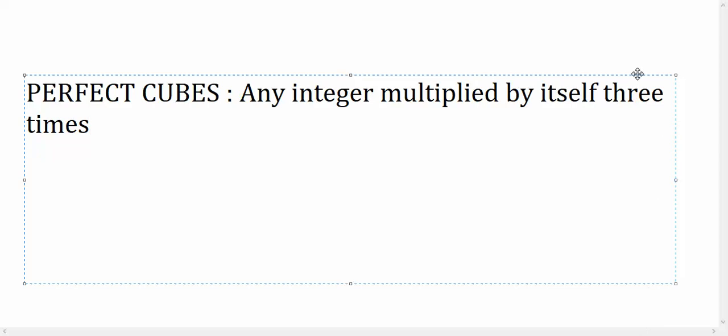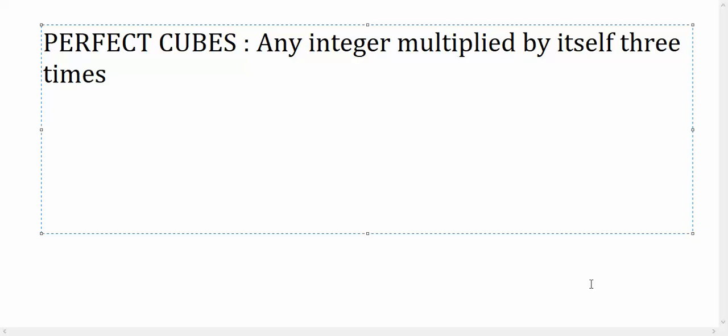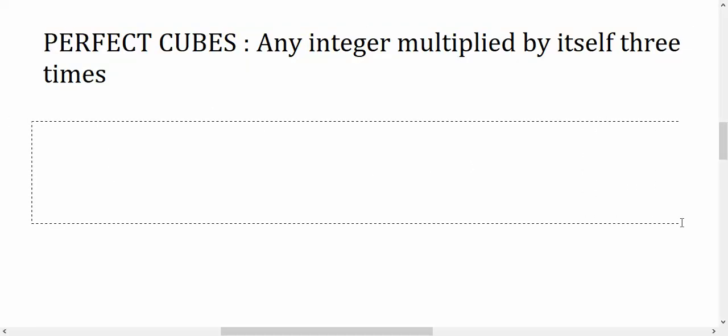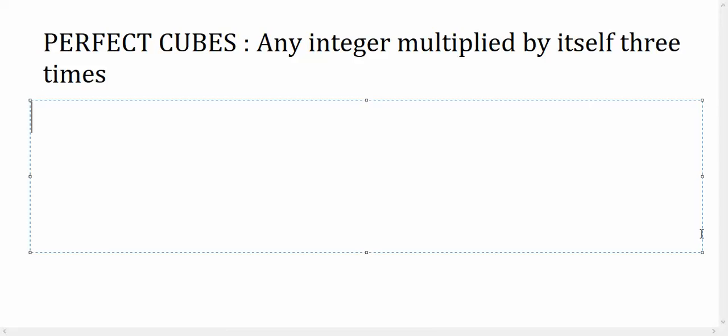We're just going to give a really short list of perfect cubes. There aren't that many that come up often on the GMAT, and I think it's important not to over-memorize things, because then our brains get filled up with things that aren't really helpful. But we'll give the first few perfect cubes.